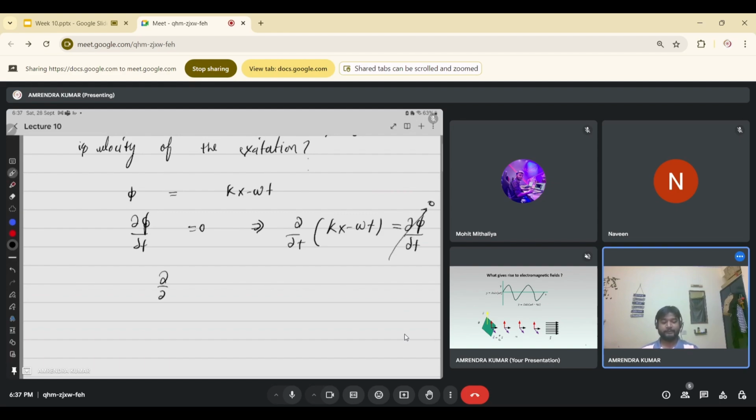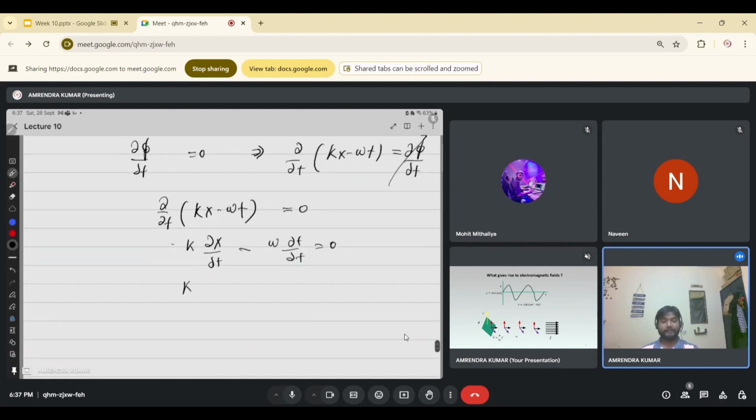I have already told you that k is nothing but 2 pi by lambda. k is constant, which comes out, and omega is also constant, so it also comes out, and del t over del t is 1.